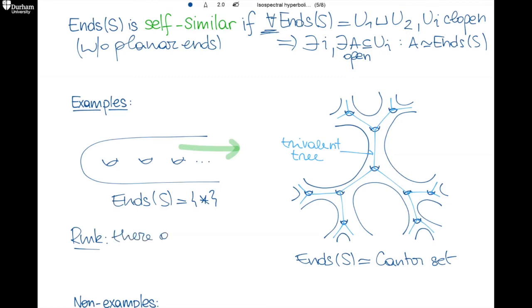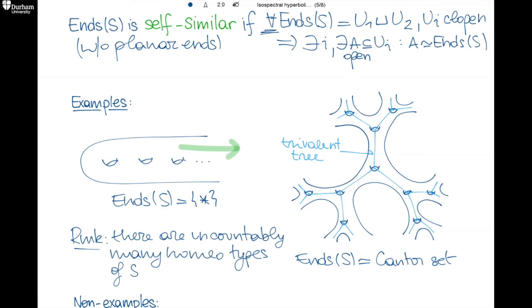There are uncountably many homeomorphism types of S with self-similar end space. So the second theorem does apply to actually quite a lot of surfaces.